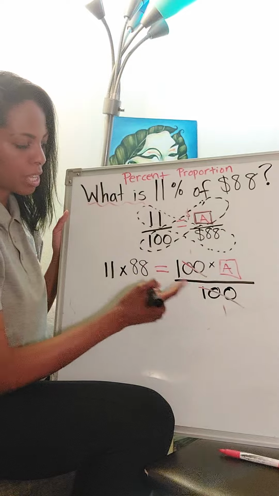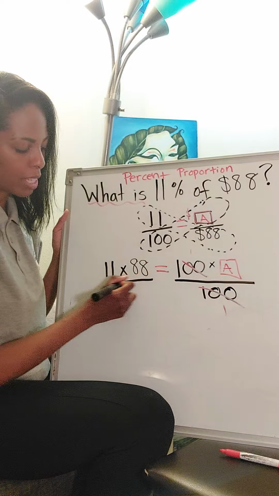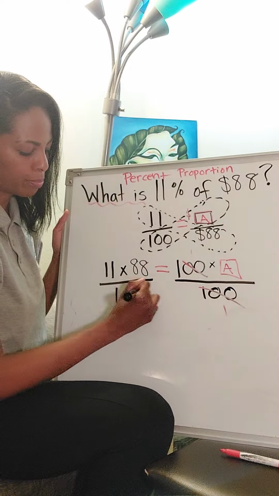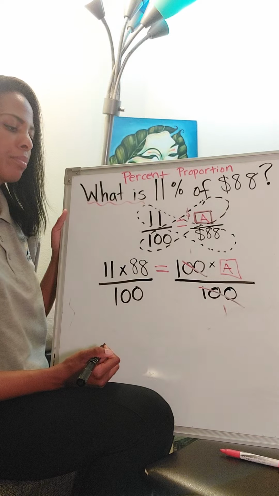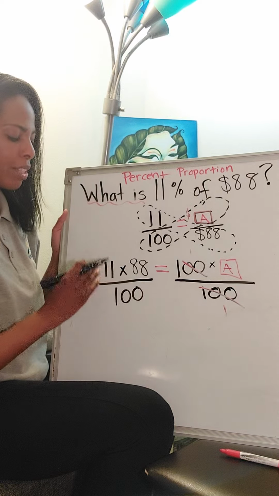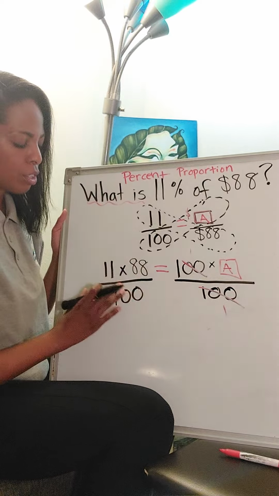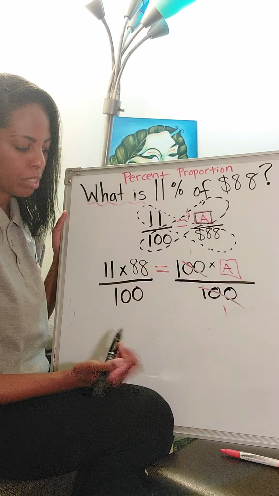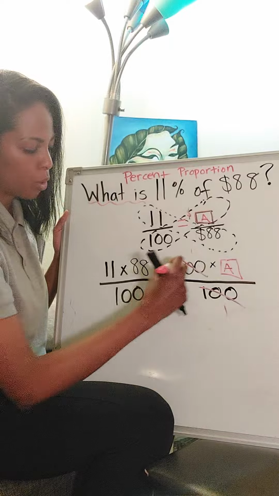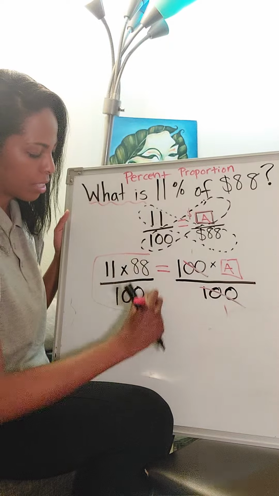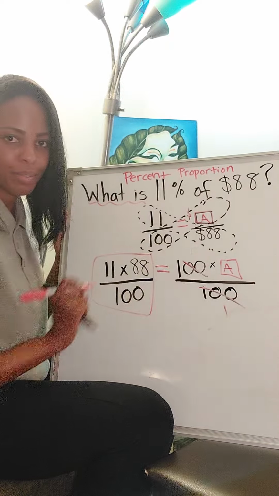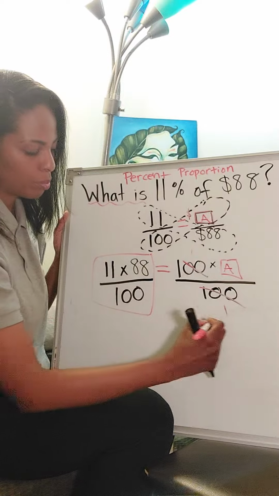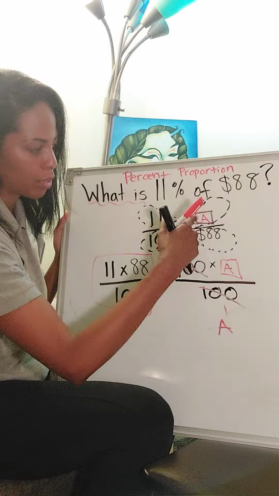So now I'm going to do the same thing by dividing this side by 100, the left side, okay? So now I have 11 times 88, all divided by 100, and I've isolated my variable, okay? So now all of this is equal to A. What is A? Well, that's what we were trying to find out in the beginning.